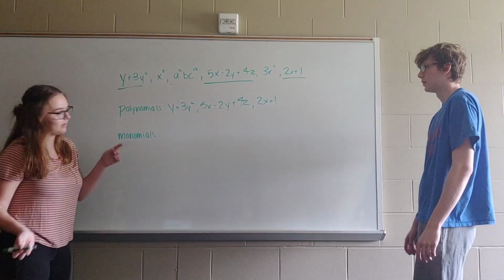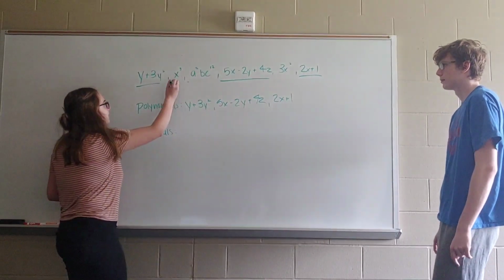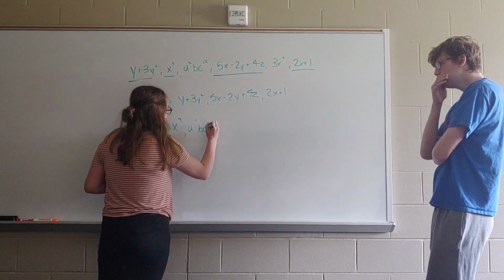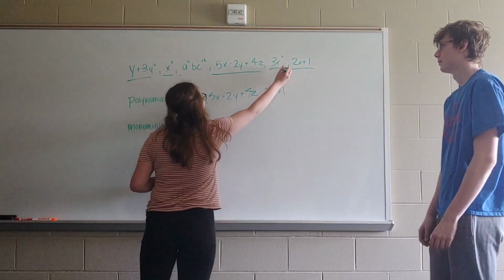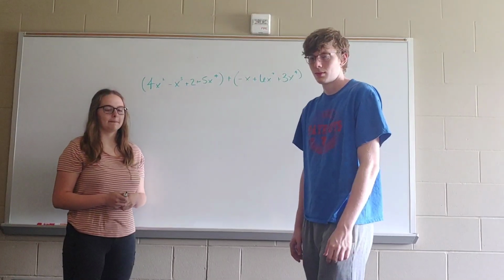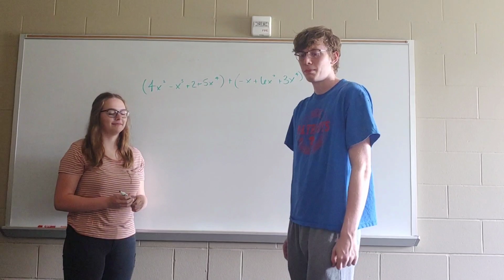The monomials only consist of one term, so it would be x to the third, a squared bc to the 12th, and 3x squared. Now, on to adding polynomials.